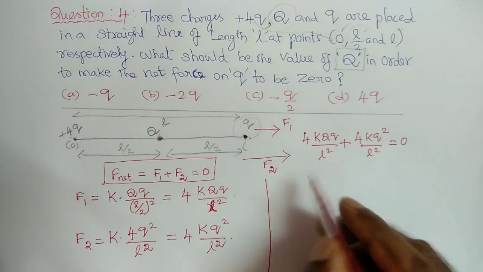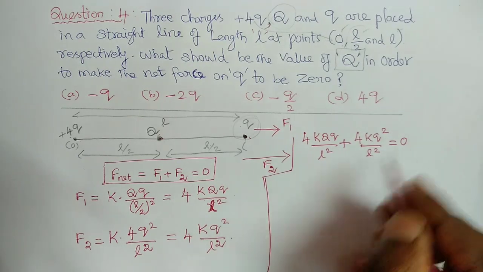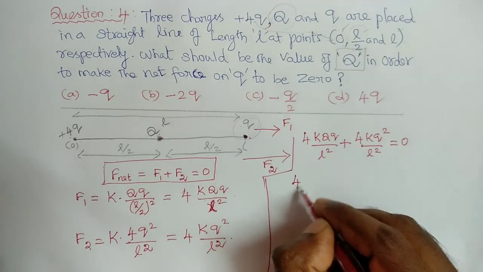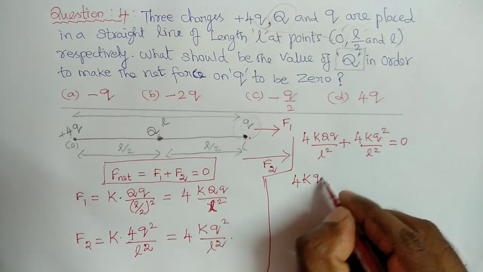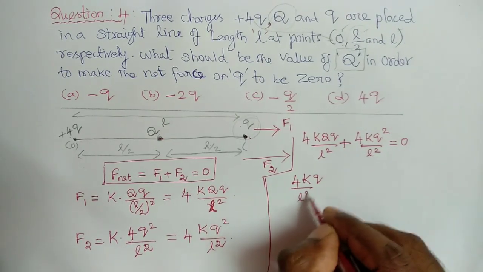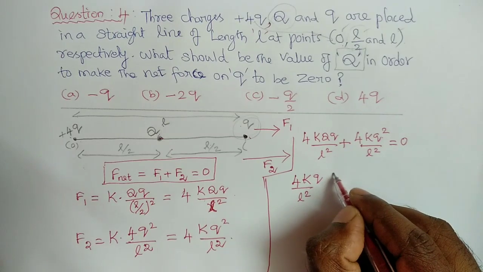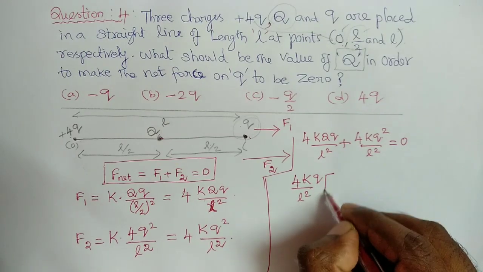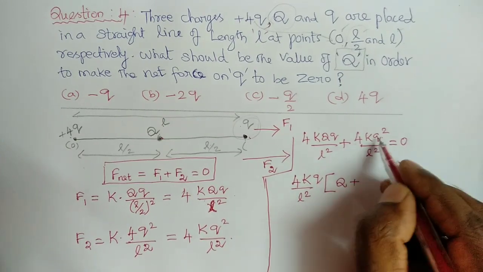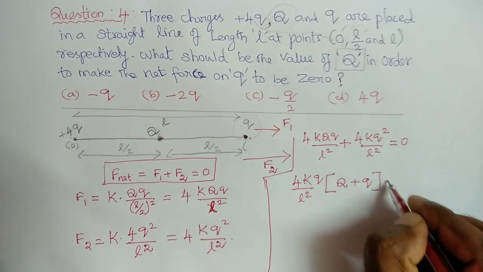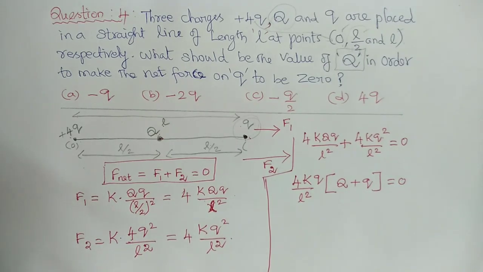Now we take the common terms: 4K, and one small q here, so q divided by L square into the remaining term, capital Q plus small q, which is equal to 0.